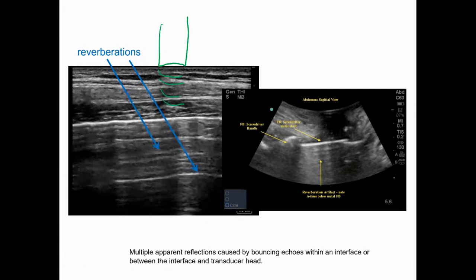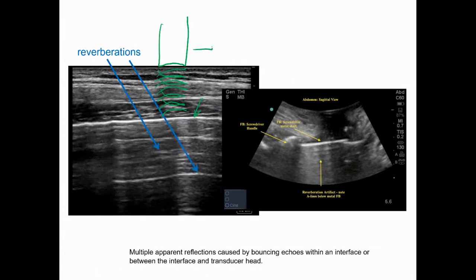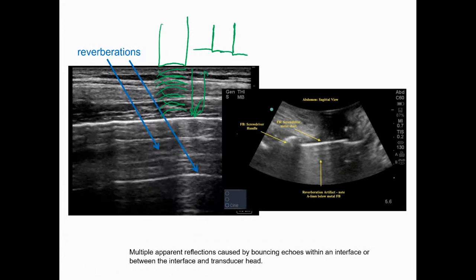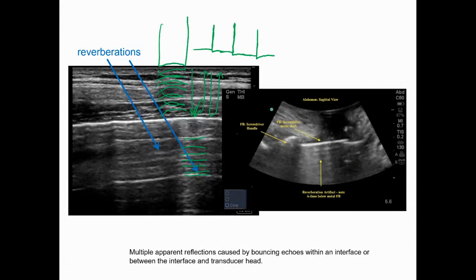It's getting an echo from the diaphragm here, but it's such a strong reflector that you measure an echo at intensity 1, that pulse goes back down again, comes back up, and then you measure another echo. Then it bounces down again and comes back, and you'll measure another echo. You can see a bunch of these, and they get weaker and weaker. But see all these lines here? This is not real structure. Those are what we call reverberations in the system. That is not real. That is an artifact.